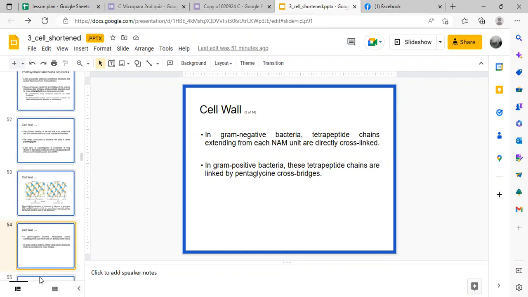In gram-negative, the tetrapeptide chains are extended from each NAM unit. In gram-positive bacteria, you have a pentapeptide chain. That peptide is made of glycine, so that is the cross bridge to the tetrapeptide.